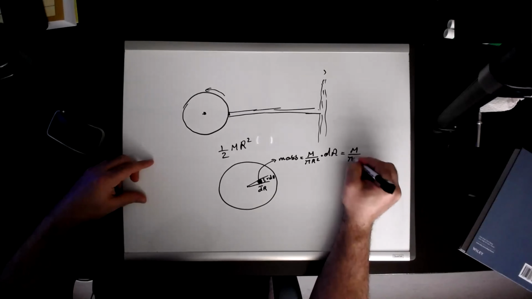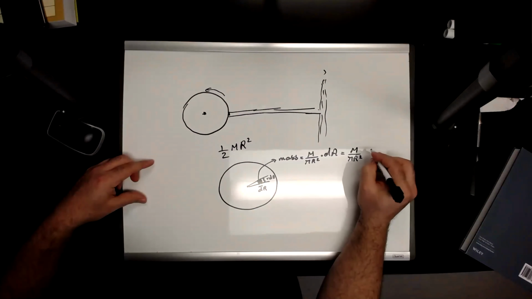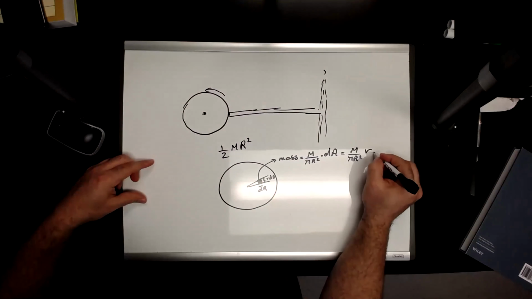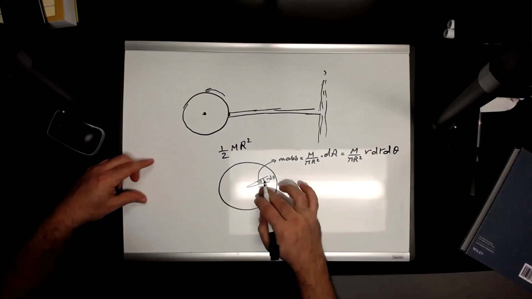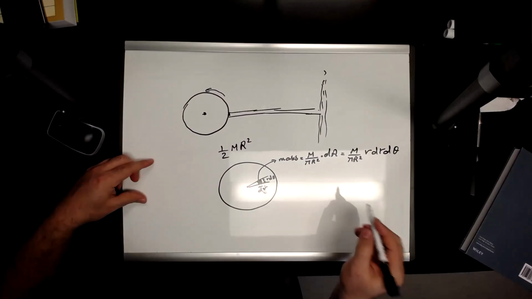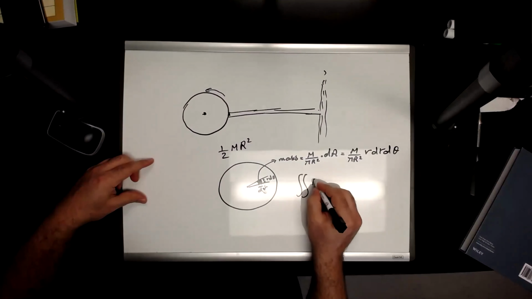And I said that the area would be r dr d theta. So I should just do a double integral of this.